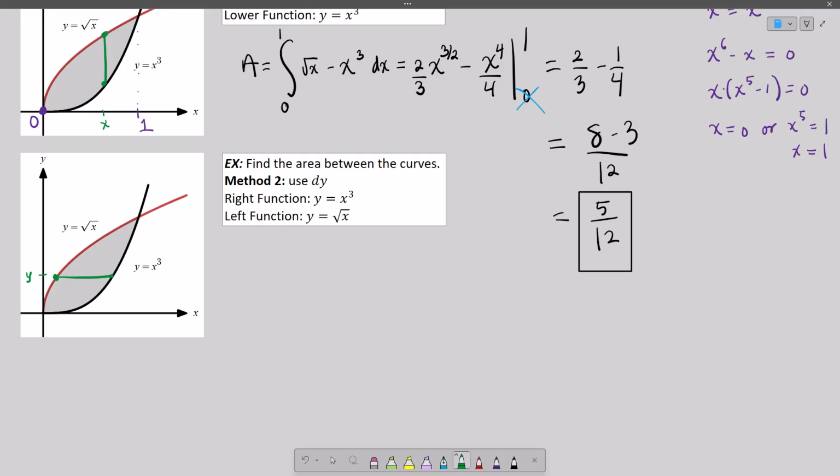When you treat this as horizontally simple, your rectangle height is horizontal, so it's right minus left. When you are doing a right minus left scenario, you're taking the difference in the x values. The way these functions are presenting is that they're presenting as y values.